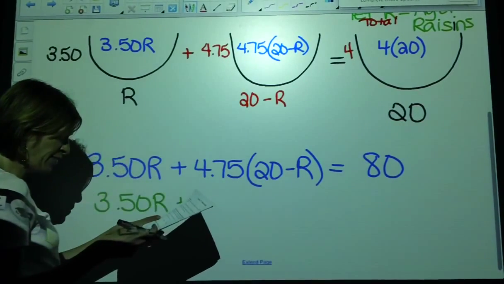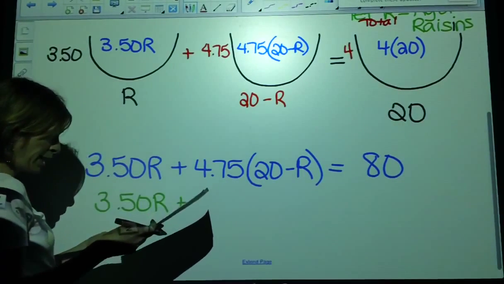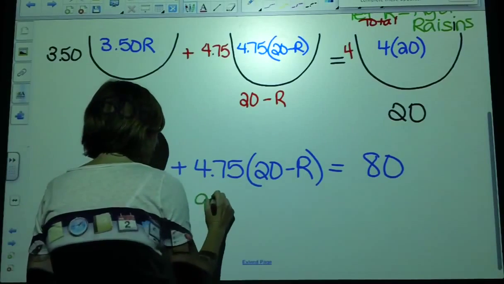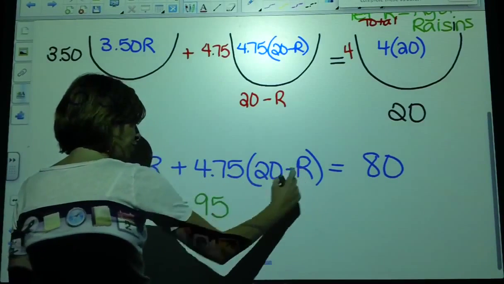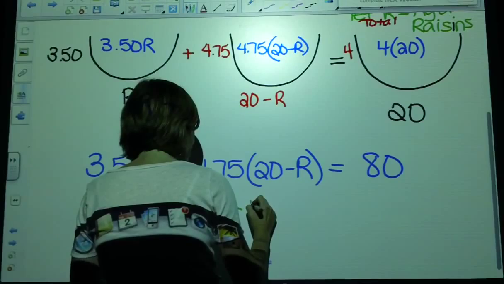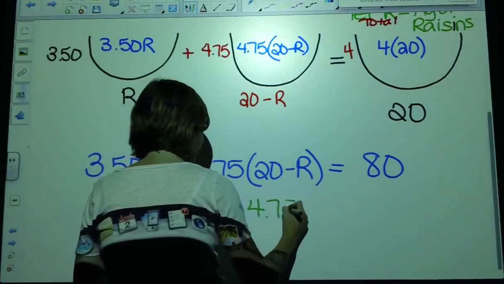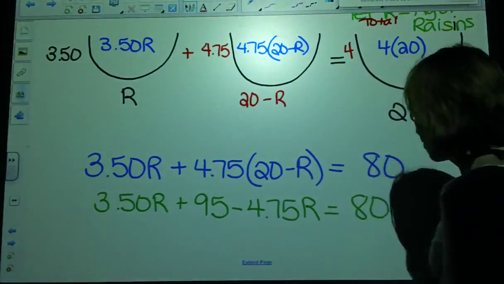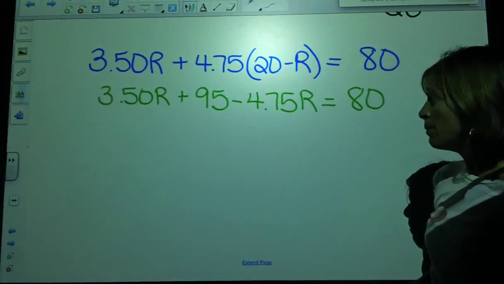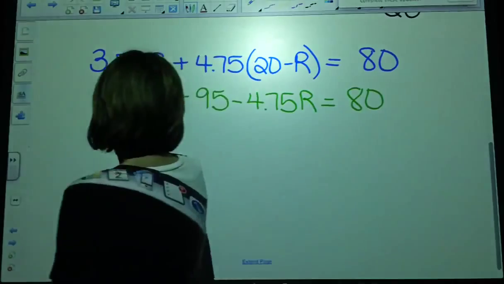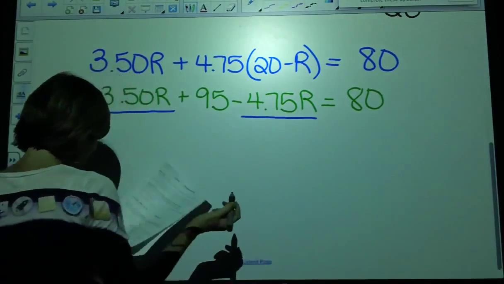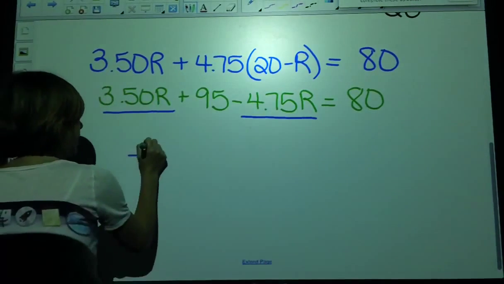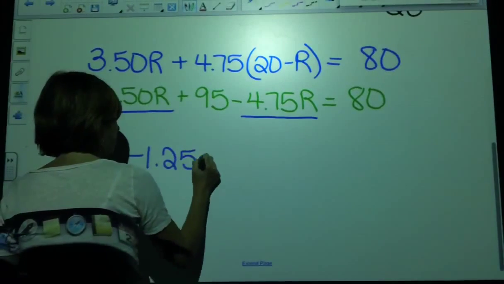So 4.75 times 20 works out to be 95. I'm going to distribute the 4.75 and get then negative 4.75R equals 80. Then I'm going to combine the like terms. So I'm going to combine 3.50R and negative 4.75R, and I'm going to get negative 1.25R.